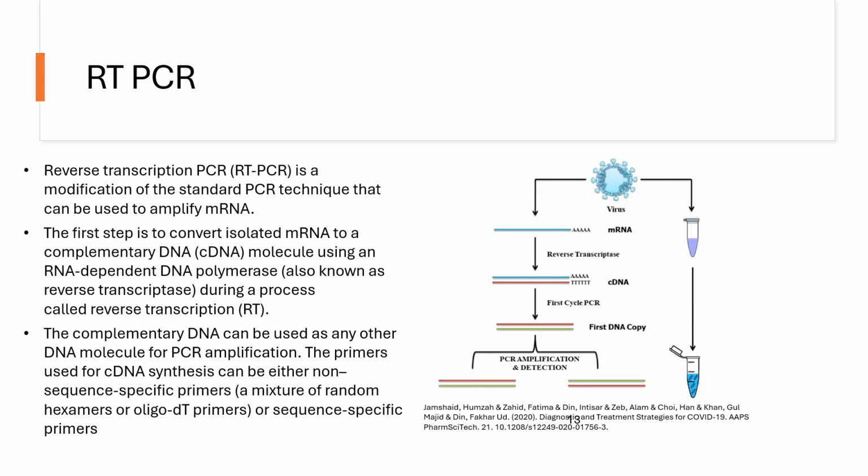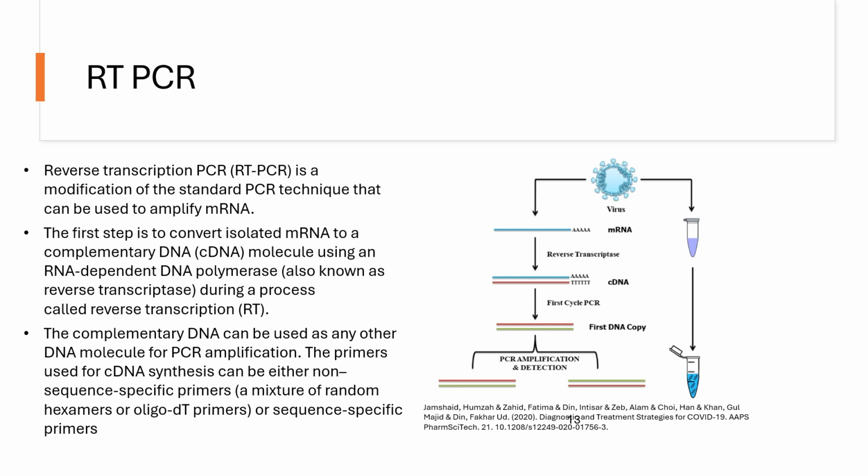Some viruses have RNA as their genetic material. How can such viruses be diagnosed using the polymerase chain reaction? Reverse transcriptase PCR is a modification of the standard PCR technique that can be used to amplify mRNA.